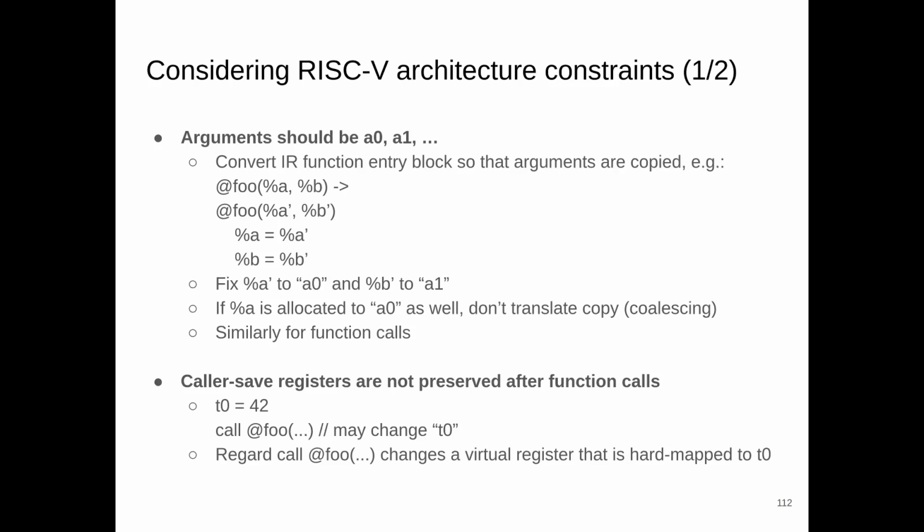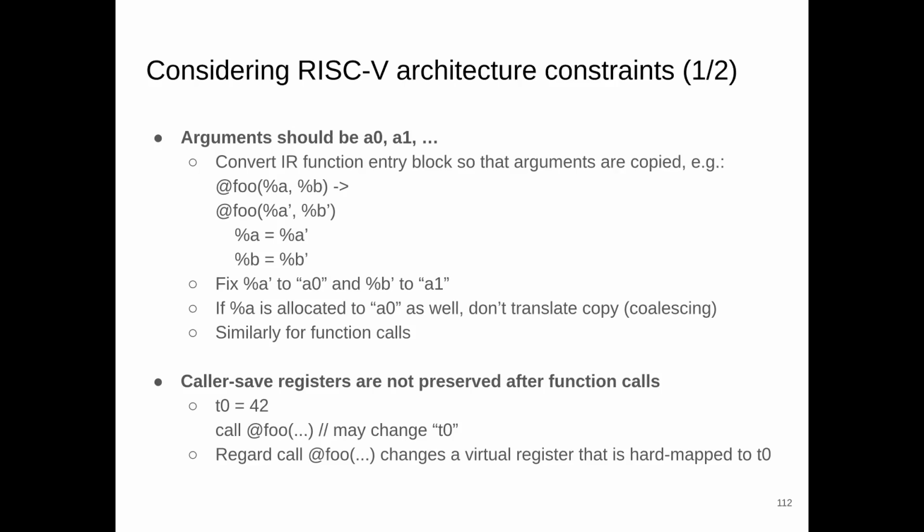And let's move on to the second constraint, which is caller-save registers. They are not preserved after function calls, right? If T0 is 42 and you call a function foo, then the function call foo may change the content of T0. So after this function call, T0 may contain, for example, 37 or 66, and so on.